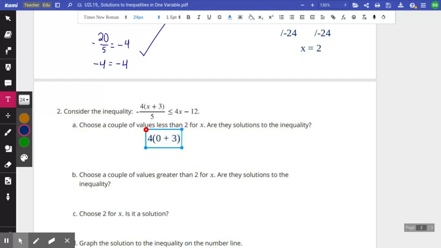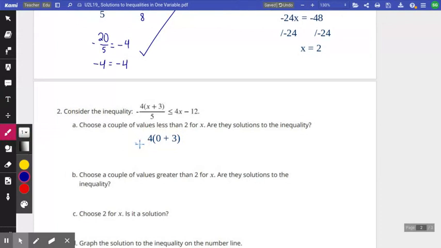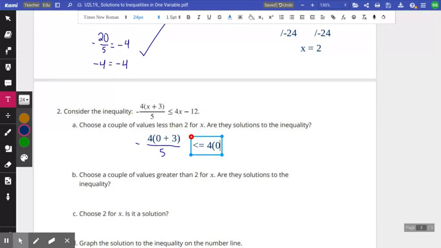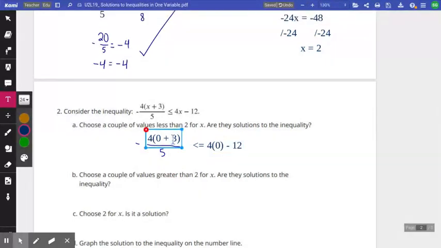If we do that, I am not about to forget that negative sign again. We get this for our left side, and then on that right side, it's a less than or equal to 4 times 0 minus 12. 0 plus 3 is 3. 3 times 4 gives me 12.